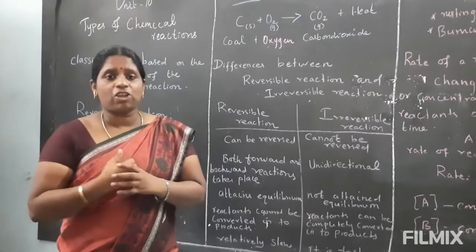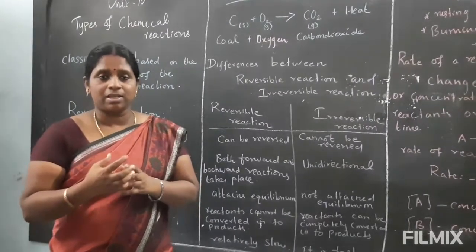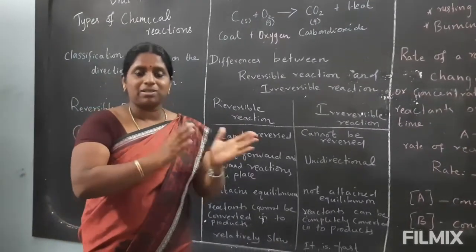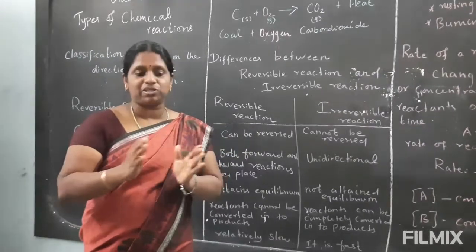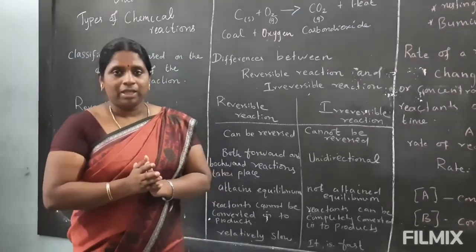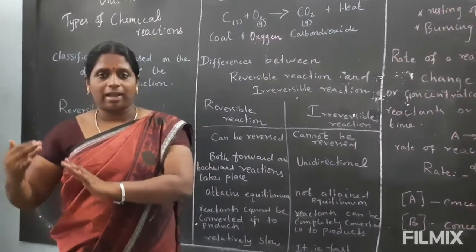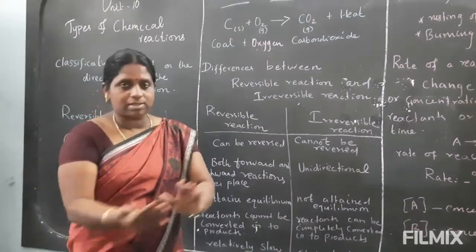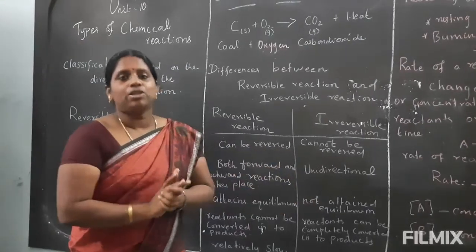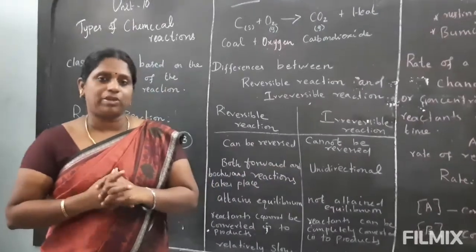What is the meaning of reversible? In a chemical reaction, the reactants can be converted into product, and simultaneously the product is reversed back into reactant. That is called a reversible reaction.